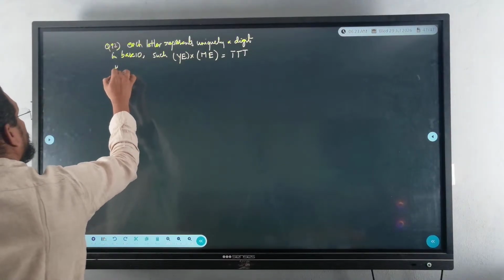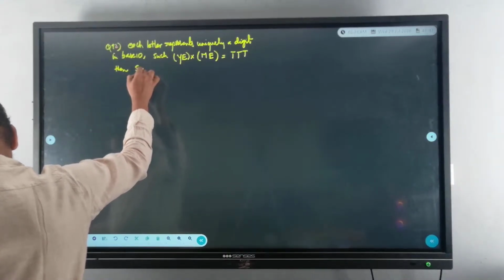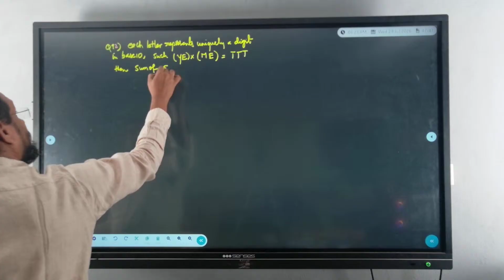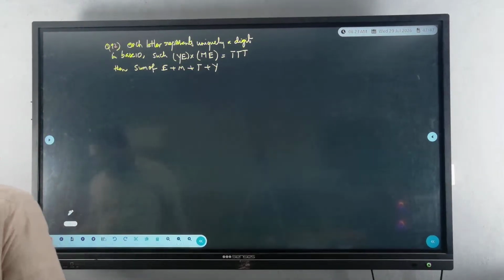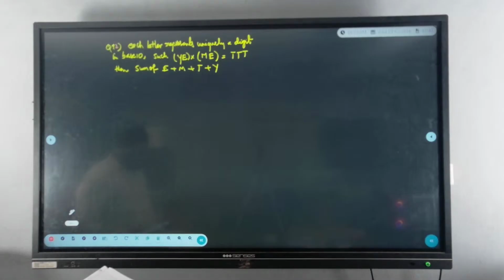Then find the sum E plus M plus T plus Y.